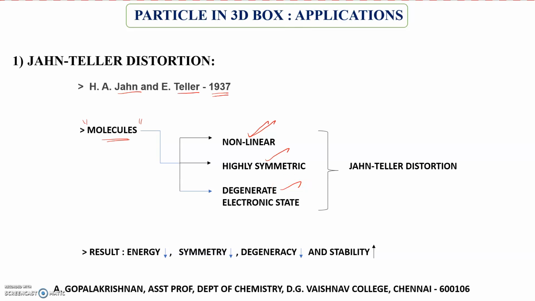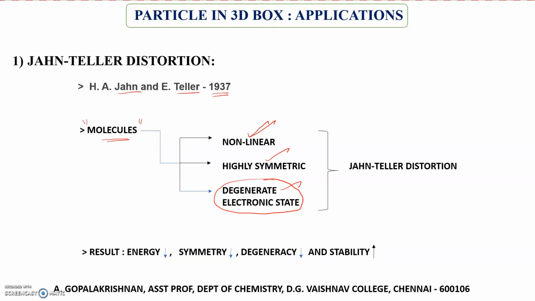Okay, so Jahn-Teller distortion is observed in nonlinear molecules having high symmetry, usually in octahedral molecules, tetrahedral molecules, etc. And this effect is observed when we have degenerate electronic states.